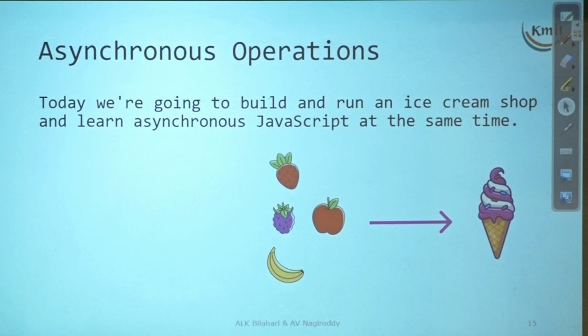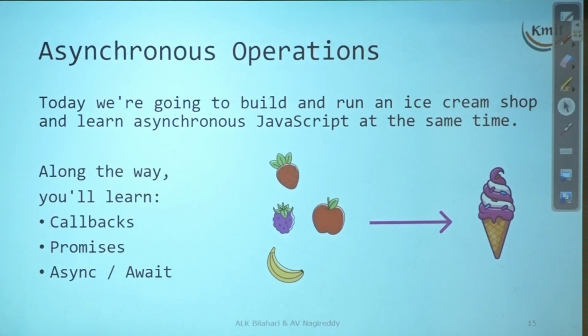We are going to build an ice cream shop example today and learn asynchronous using that example, so that you will feel and know what is happening in it. So how do you do all the asynchronous operations? The first way is using callbacks, you know what has to be called when, the second way is using promises, and the third way is using async and await.